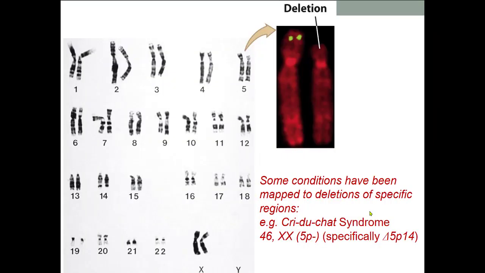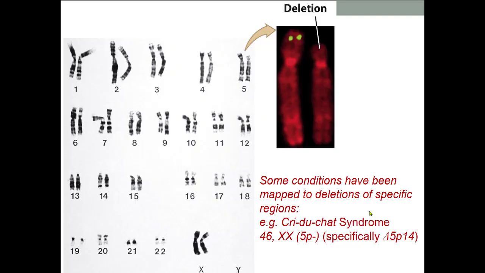And again, as we've gotten better technology, we can map certain conditions to certain regions. Like we saw, obviously, the trisomy 21 is Down syndrome. That's pretty obvious on a karyotype. This is one called cri-du-chat, a syndrome where the person, this is French, and I probably butchered it, for cry of a cat.